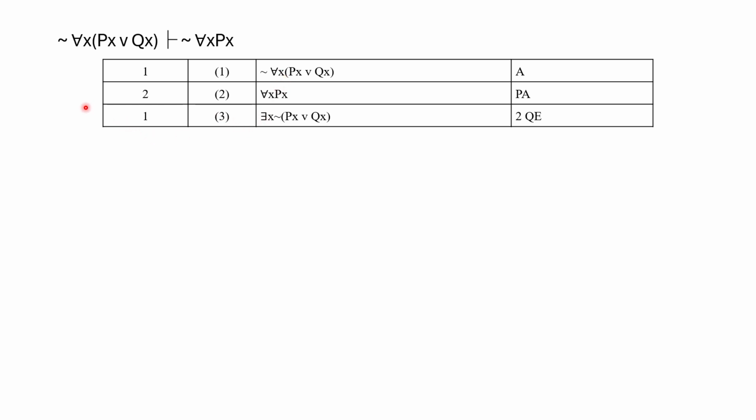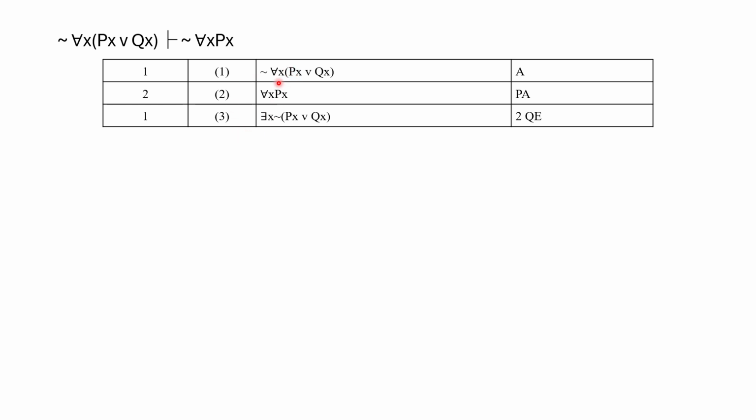Now the reason why this works, if you remember from the previous lecture where we talked about how tildes and quantifiers work with these statements, is that to say it is not the case that all things are something is the same as saying that there exists something that is not whatever that statement was. So this is saying it's not the case that all things are P or Q. Here, this is just saying there exists something that is not P or Q. And those are equivalent.